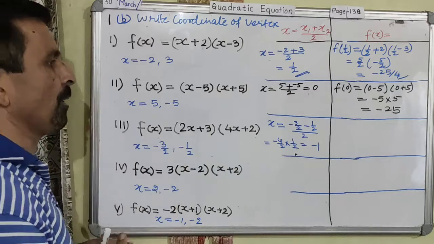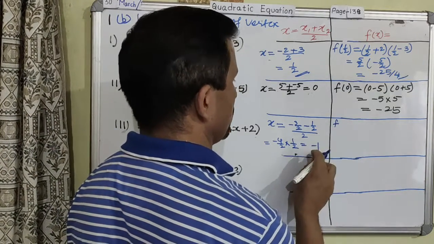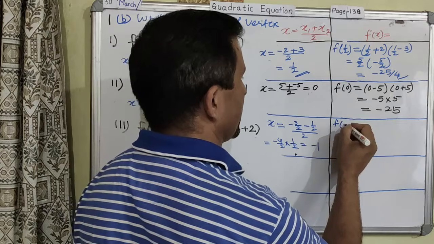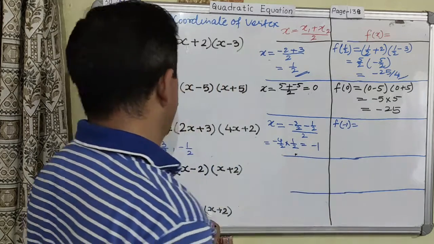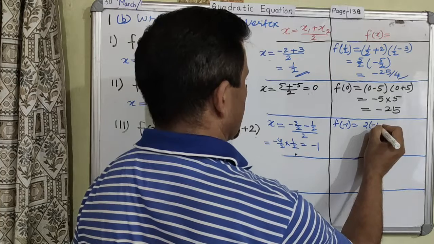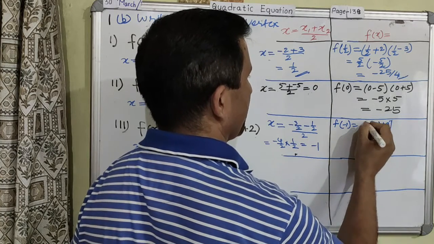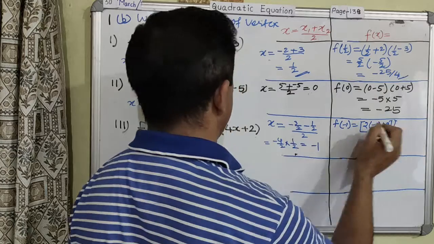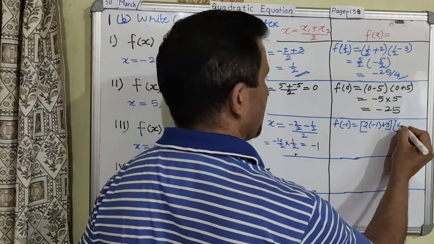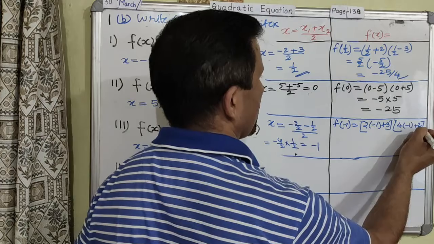Now we have to find the value of y for this equation. So let us put the value of x as the one which we have calculated here, -1, into this equation. So 2 into -1 plus 3, and then another 4 into -1 plus 2.